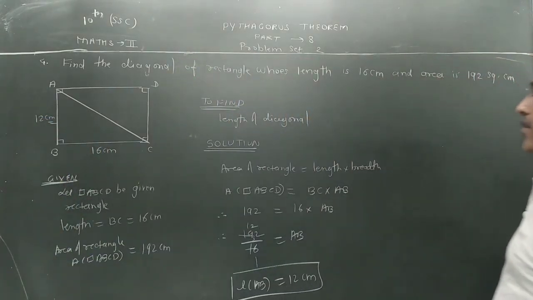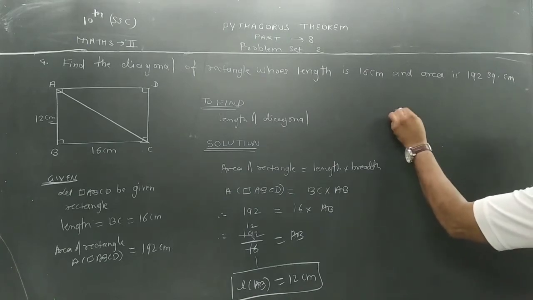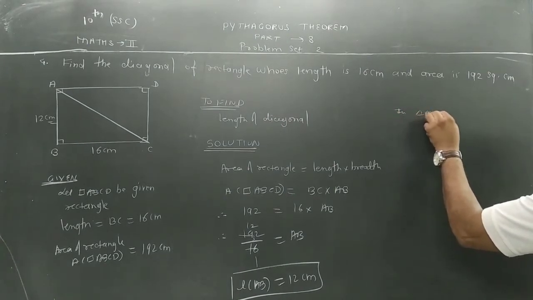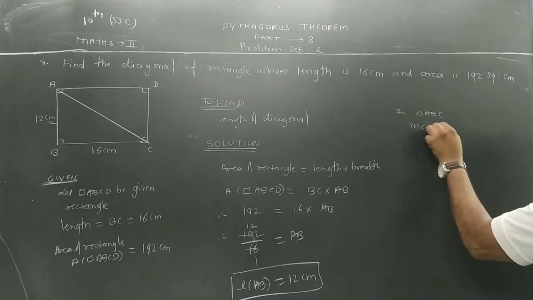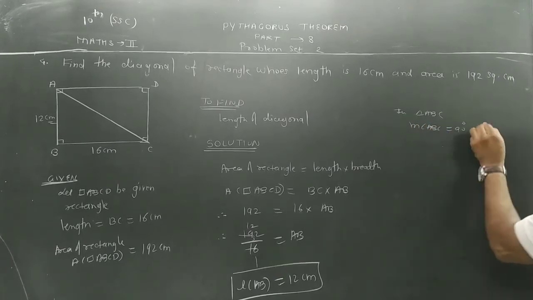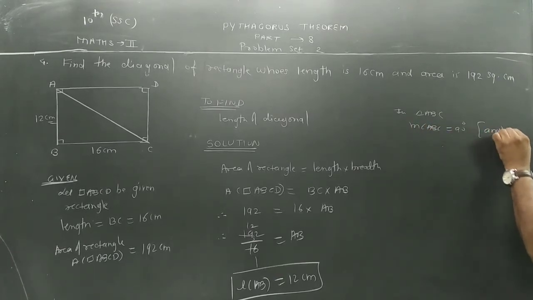Okay, now what I can do is, in triangle ABC, measure of angle ABC is equal to 90 degree. Reason is angle of rectangle. Is it right? Now we can apply Pythagoras theorem.